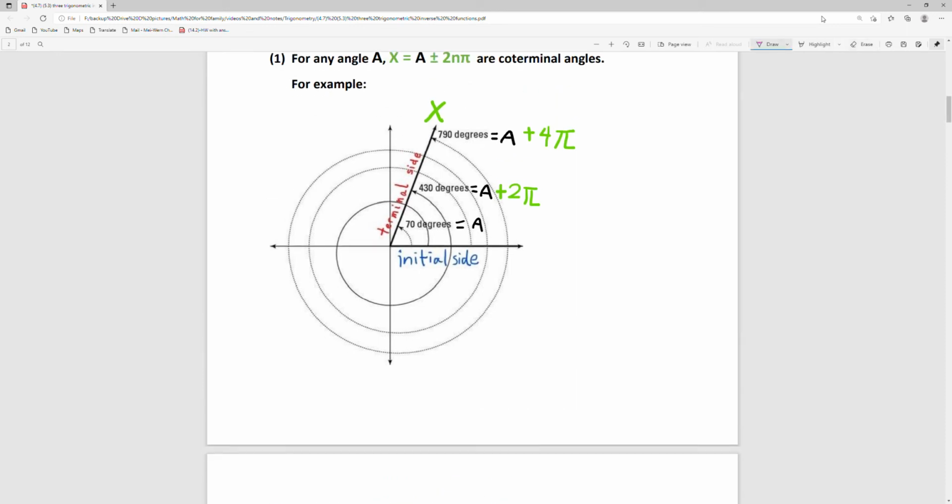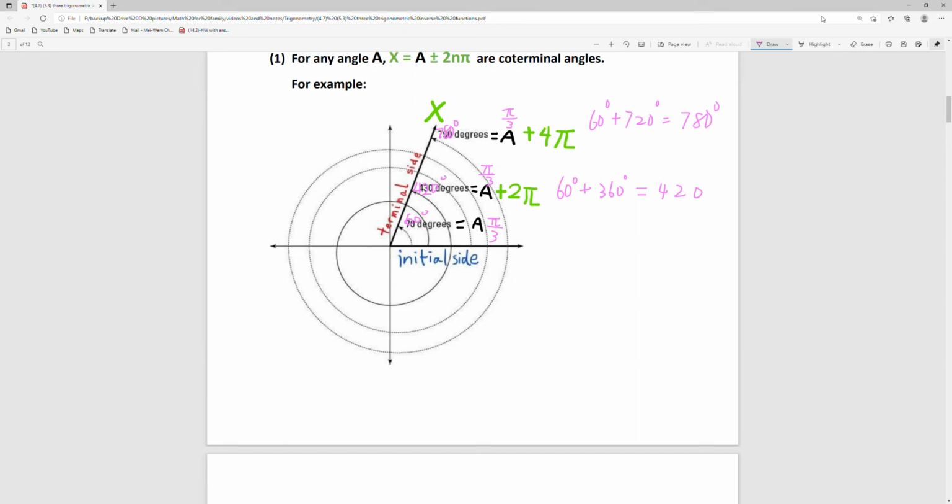For example, if I change the number to 60, then plus 360, which is 2π. 60 degrees means π/3. So π/3 plus 2π is 420 degrees, and π/3 plus 4π is 60 degrees plus 720 degrees, which is 780 degrees.